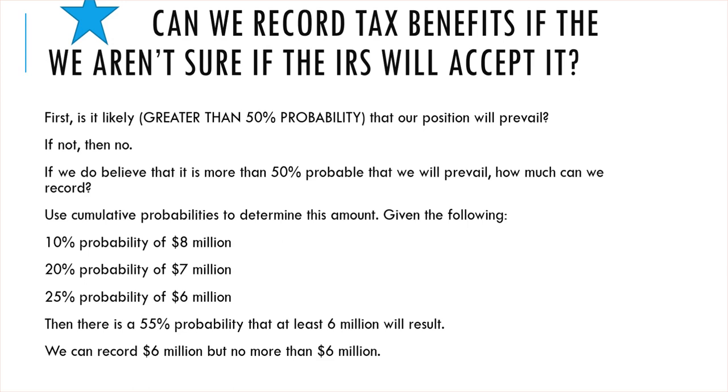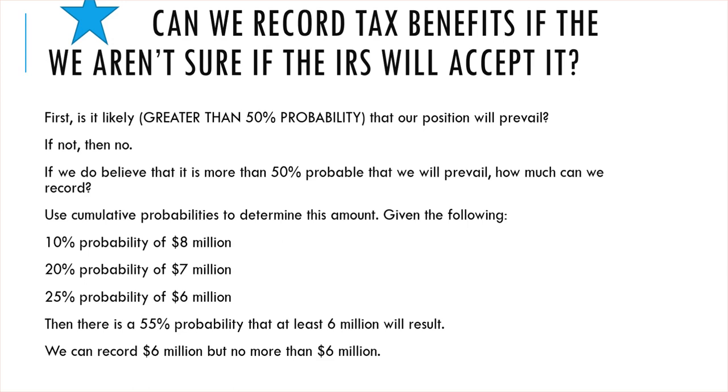If we're not sure that the IRS is going to accept what we want to record, and we're going to think of it as benefits, what do we do? This is when we have an item that we're not really sure what the IRS is going to say about it. We assess probabilities.